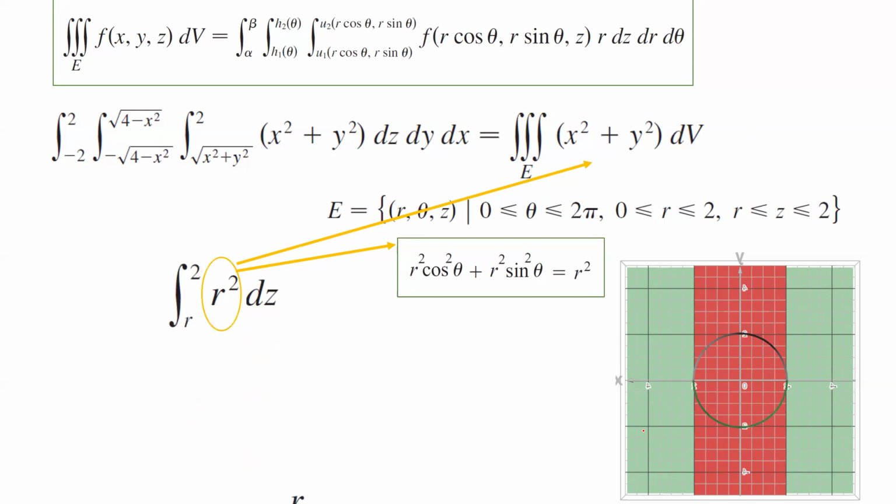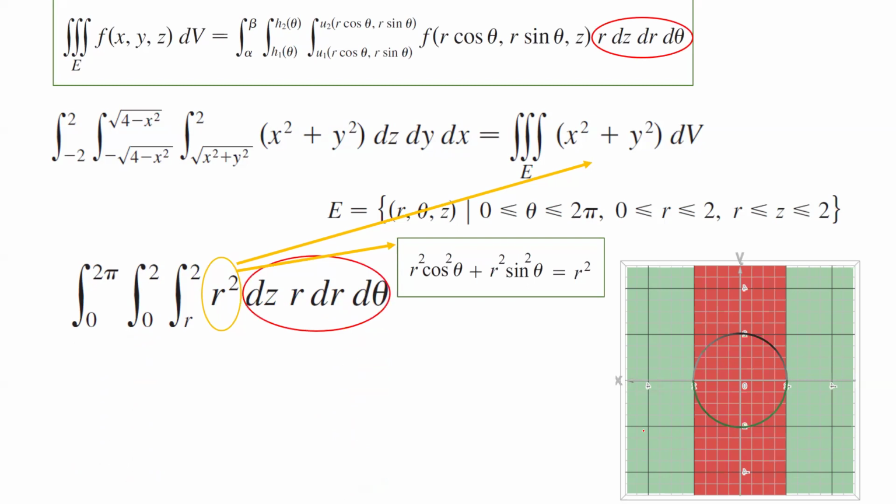Then you take the integral with respect to z. Z is bounded by r and 2. Then r dr, taking the integral with respect to r bounded between 0 and 2. And for theta, as we saw, it's bounded between 0 and 2 pi. And again, please pay close attention. The volume element is r dz dr d theta, must be the same in your calculation.